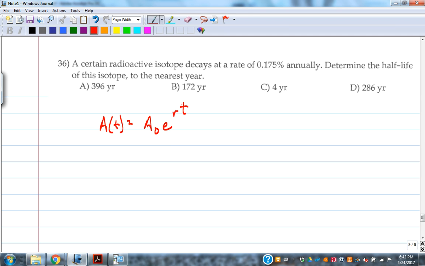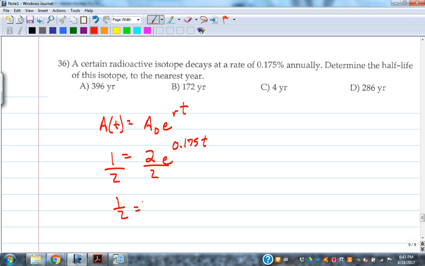I believe is right. So radioactive decay rate is 0.175 annually. Determine the half-life to the nearest year. So 1 equals 2 e to the 0.175 t divided by 2. That's 1/2.